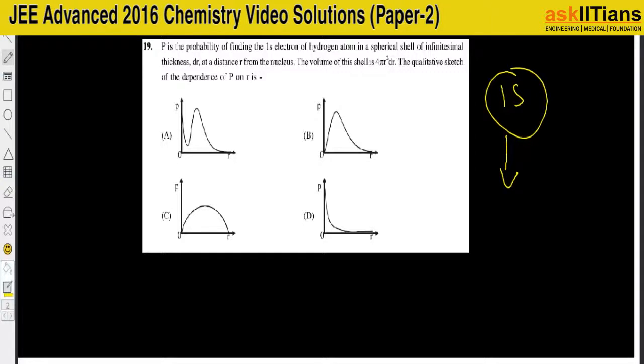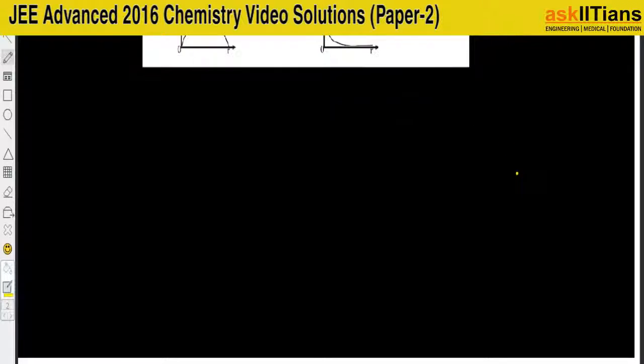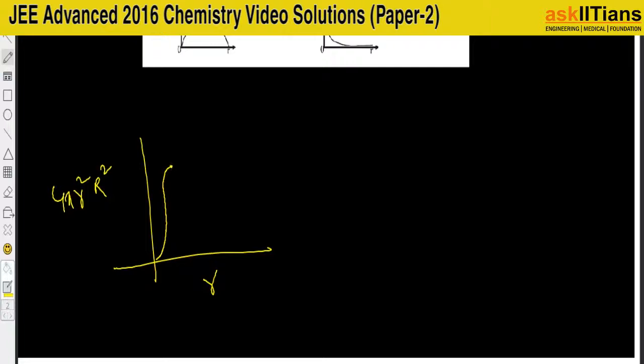Then the graph of this probability density, if I plot 4 pi r square times psi square versus r, should come like this. It should go to a maximum, then again if I increase the distance, I'll be having no electrons, right?